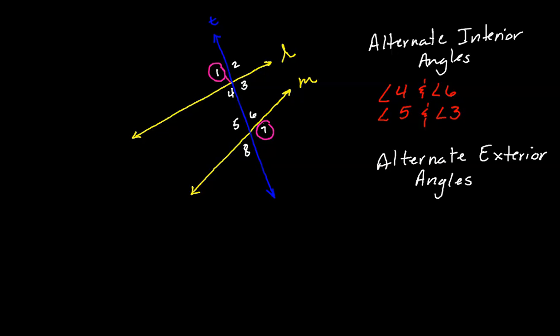So 1 and 7 are alternate exterior angles. So we'll write 1 and 7. And that's a pair of alternate exterior. 2 and 8 alternate and are in the exterior, so therefore those two angles are part of the alternate exterior angles.